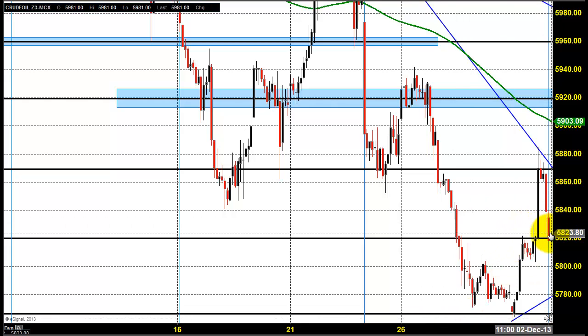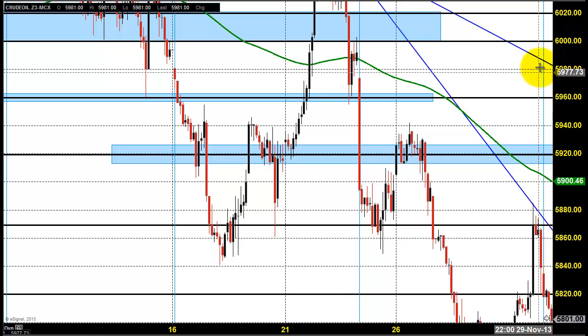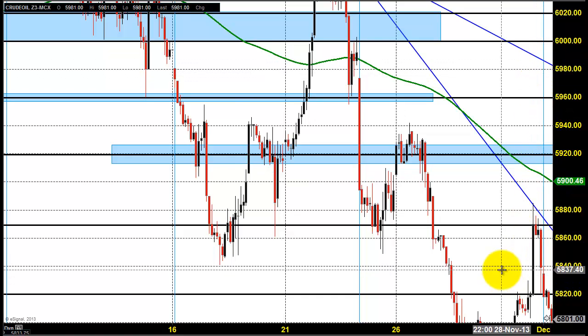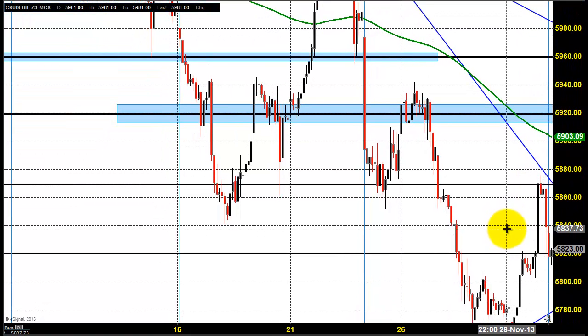So what we expected last week, this was the area where the price opened last week on December 2nd. In order to identify the trend, we had drawn two trend lines, this blue color trend line and another blue color trend line. We had explained it in detail why we had drawn this trend line.